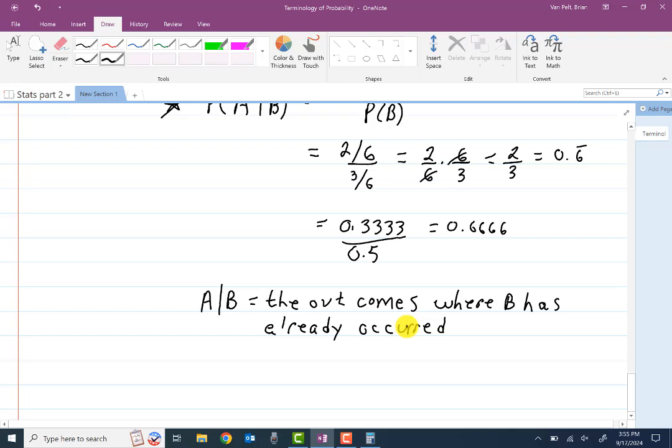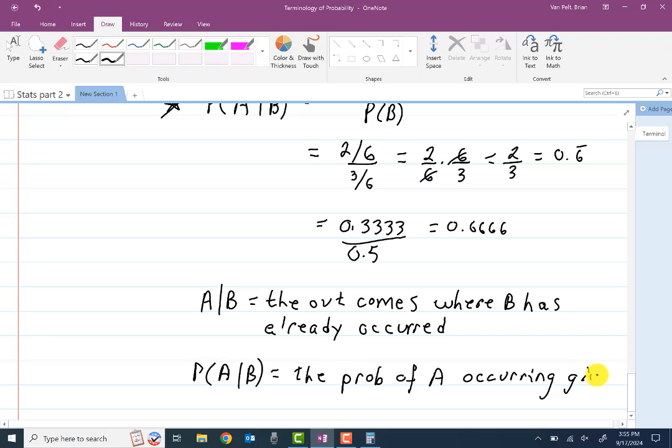So really, it's probably better to look at it like this: A/B is the probability of A occurring given that B has already happened.